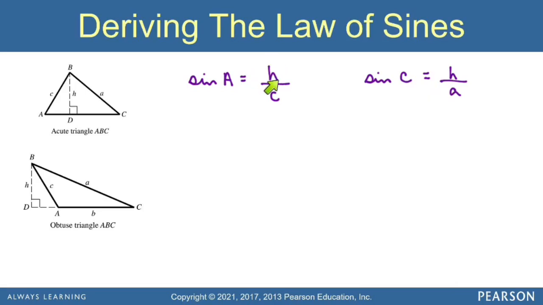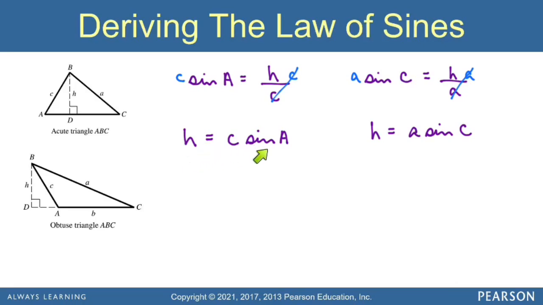So to isolate the H here, I'm going to multiply both sides by C. The C's on the right side will divide out, and we will have H equals C times the sine of A. For the other equation, I'm going to multiply both sides by A, and the A's will divide out, and we'll have H equals A times the sine of C. So now we have H equals side C times the sine of angle A, and we also have H equals side A times the sine of angle C. But if both of these things are equal to H, then they must be equal to each other.